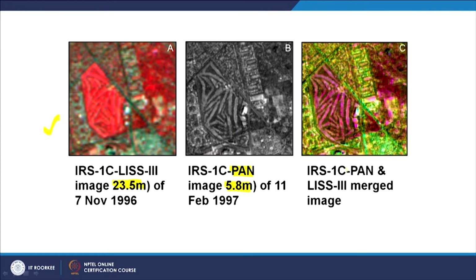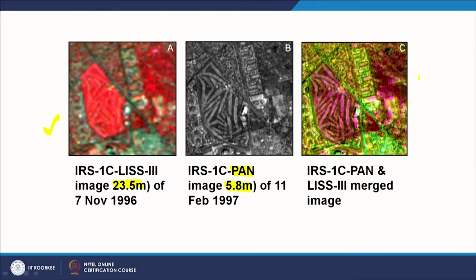And when we go for this merged image, you can see that now this image has become colored, as well as all those golf holes which were not visible in the FCC image are also available here. So the spatial resolution has come from the PAN image and spectral resolution has come from the MSS or LISS 3 image, and then we get a new product. So this is how we can take advantage of this.